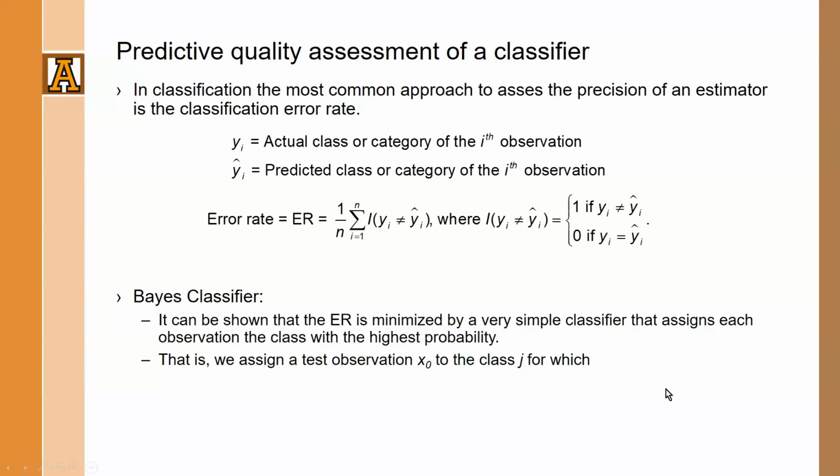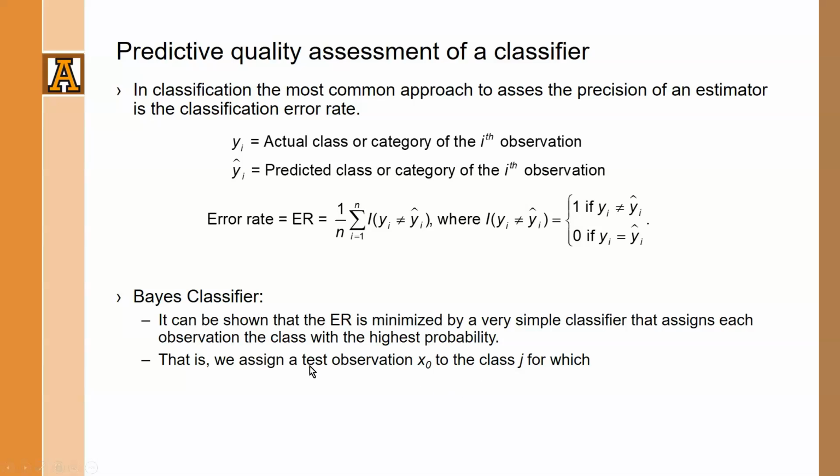Bayes classifier, we have mentioned Bayes classifier before, and it can be shown that the error rate is minimized by Bayes classifier. Bayes classifier is the one that assigns the observation to the class that has the highest probability. We have talked about this before.